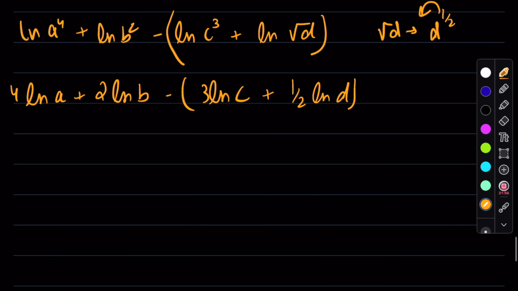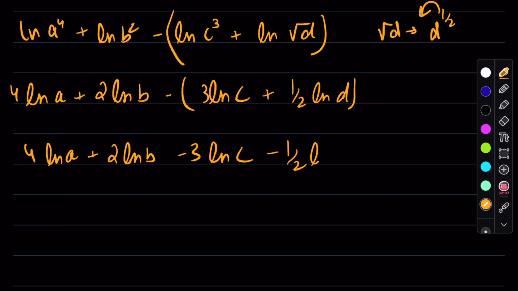So the final simplified expression is 4 ln a plus 2 ln b negative 3 ln c negative half ln d. So this is our final simplified expression.